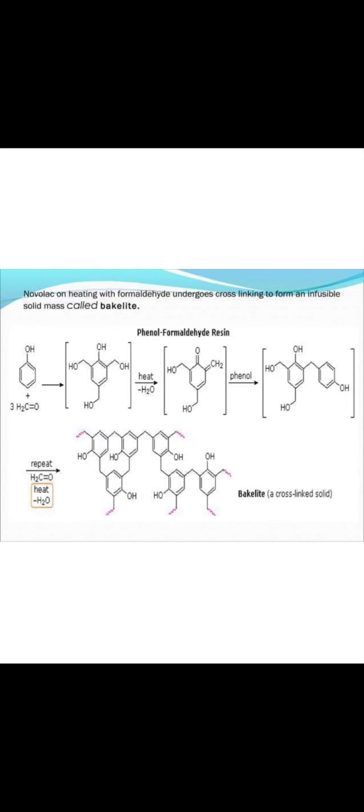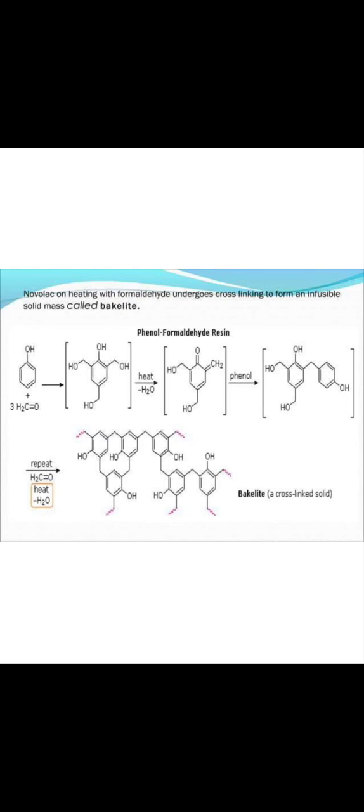And here we can even take orthohydroxymethylphenol, which undergoes condensation polymerization with phenol and gives rise to the formation of a long linear chain polymer called novolac. In the next step, the formed novolac reacts with hexamethylene tetramine, which produces two components.